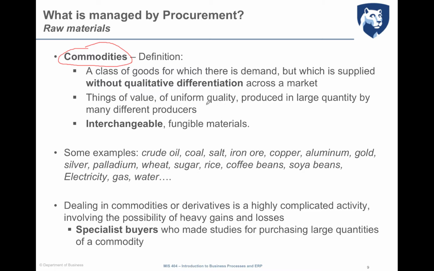So producers realize this in the same quality and the same variant, because these are similar requests from different companies. Examples are crude oil, coal, salt, iron ore, copper, aluminium, gold, silver, palladium, wheat, sugar, rice, coffee beans, soya beans, electricity, gas, water, and stuff like this. So these are all things that are needed by companies, but companies need them in the same way.